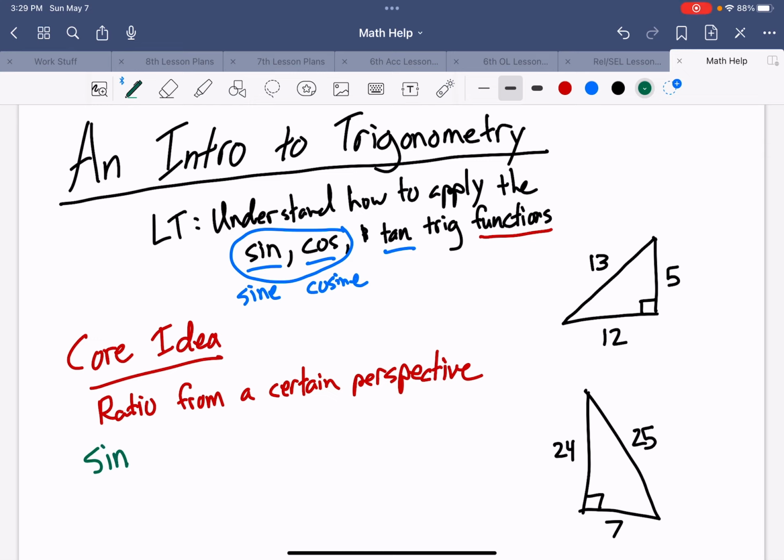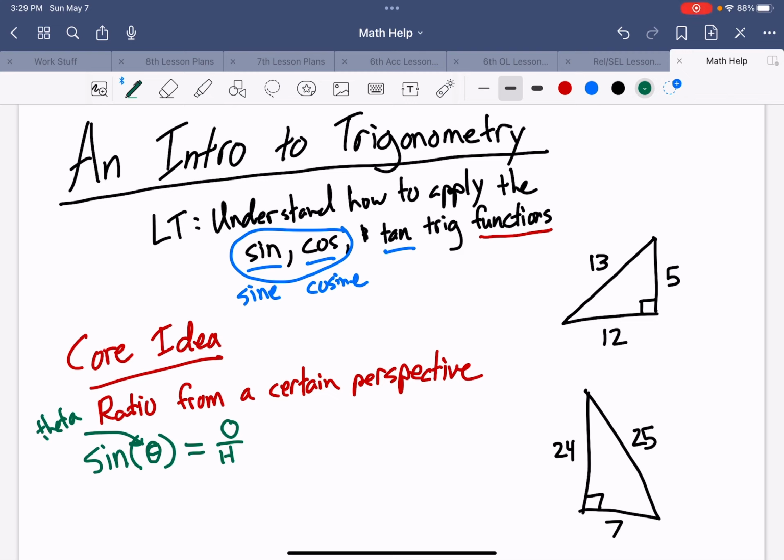Sine, and we're going to put in parentheses a variable of some sort. Something you tend to see is this thing called theta. Let's quickly describe that. Theta is just a Greek letter, but essentially it's being used as a variable, and if we want to, we could say x, you could say y, whatever. But sine of theta is equal to the opposite over the hypotenuse.